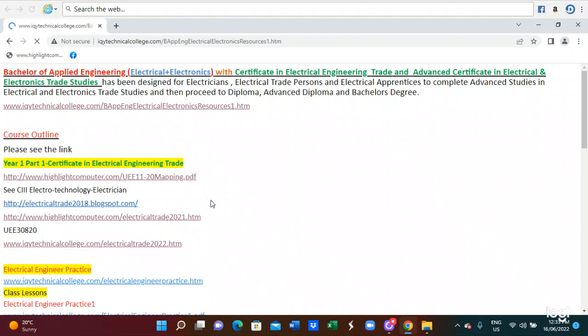Then we do the electrical trade 2022. In the college documents, select electrical trade 2022.htm. So you click on this one.